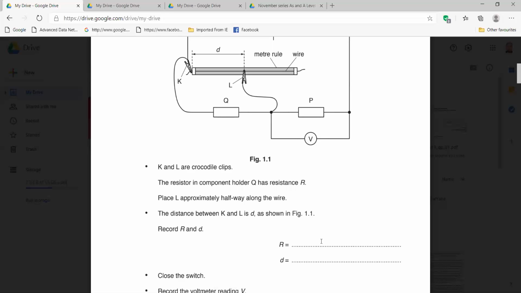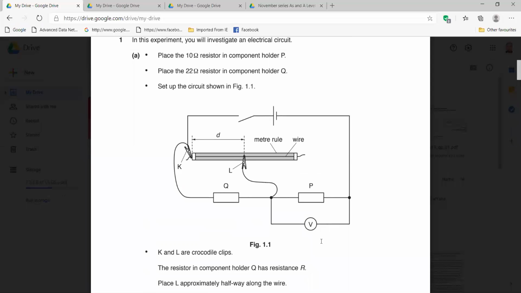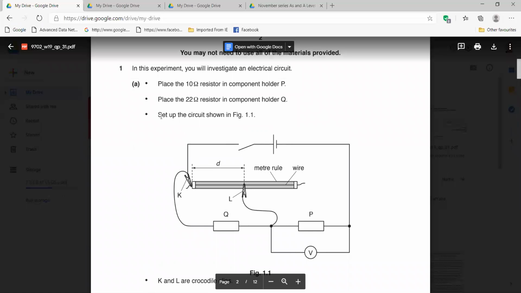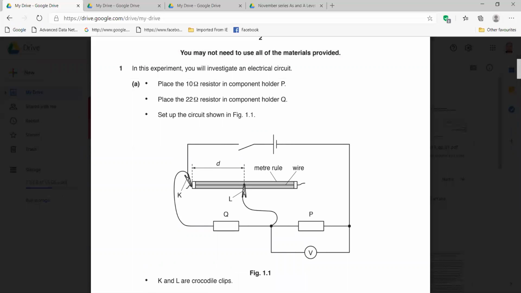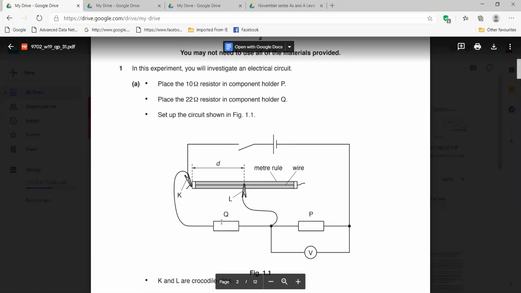Sir, R is the resistance. R is the resistor. Look again. Amena, are you there? Yes, sir, I am. Look, in component holder Q we are giving 22 ohms, right?